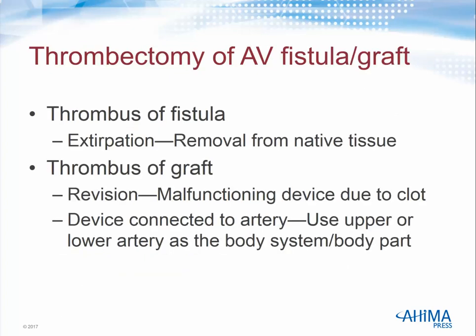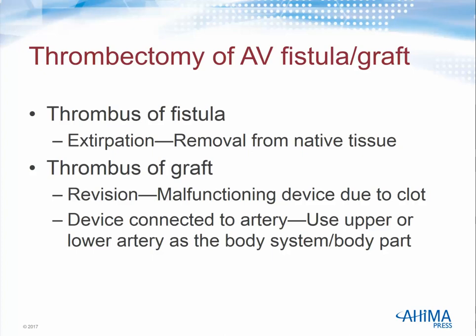And the AV fistula is something that's going to be used for the hemodialysis process. So it often, unfortunately, happens that the patient will get a thrombus, or get a clot. So you would need to understand what that is and how to code that. And that then goes to a different root operation, because the patient's already had the fistula created.